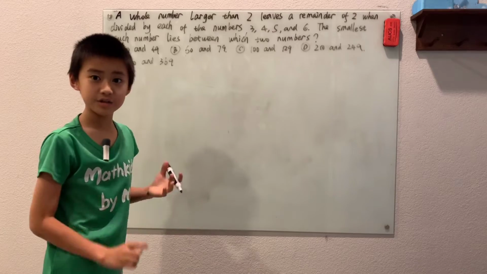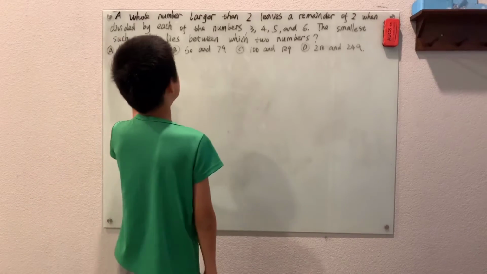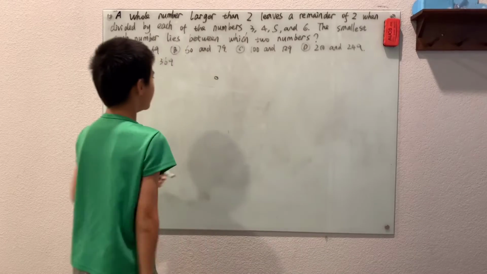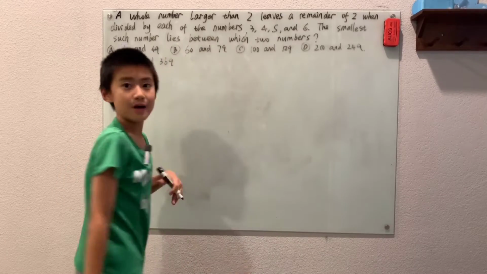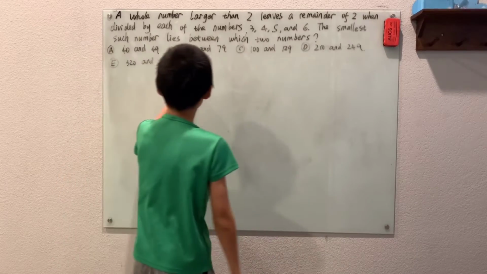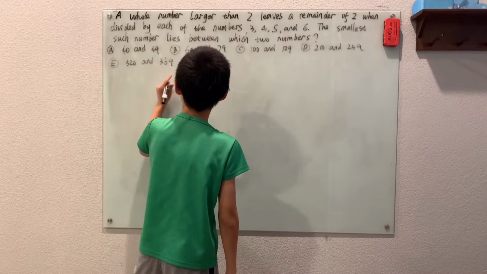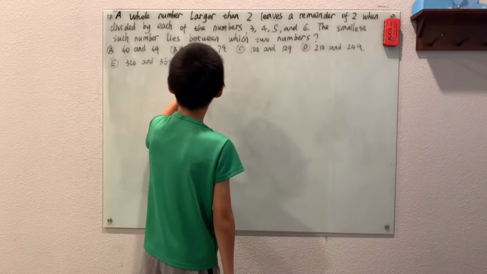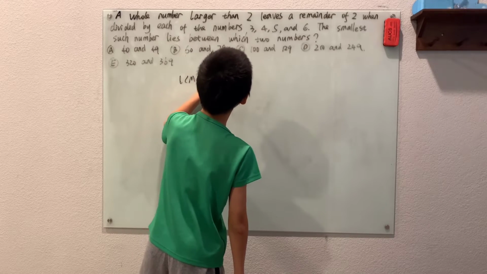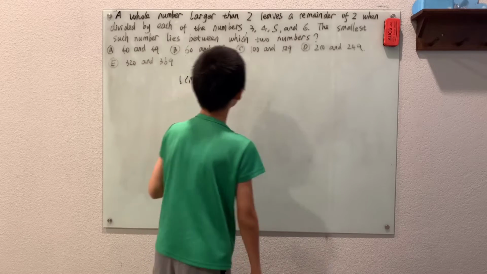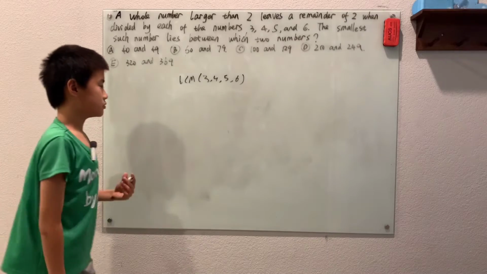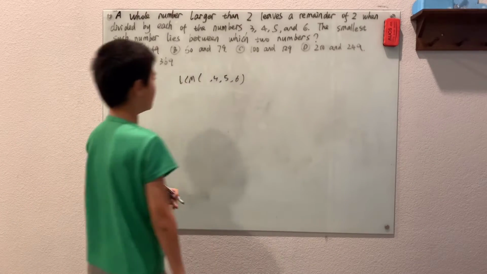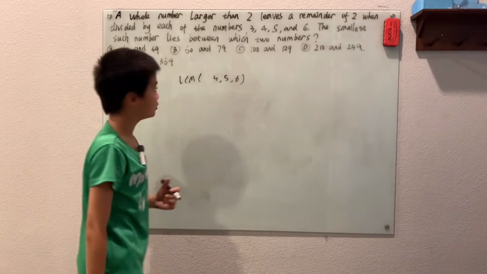What I could find is, if it wasn't a remainder of 2, like a remainder of 0, for example, it's just divisible by 3, 4, 5, and 6. Well, then that's the least common multiple, I keep getting those confused, of 3, 4, 5, and 6. And because every number that's divisible by 6 is also divisible by 3, that gets rid of the 3.